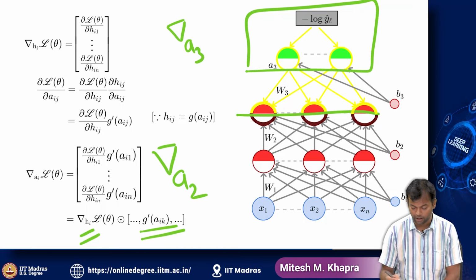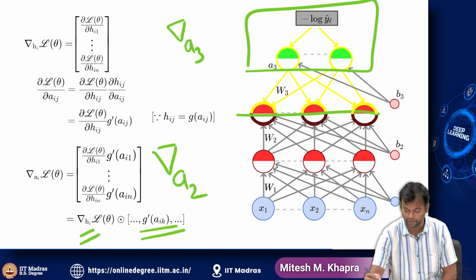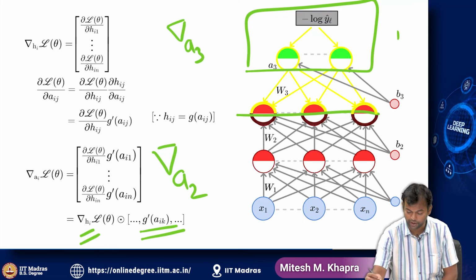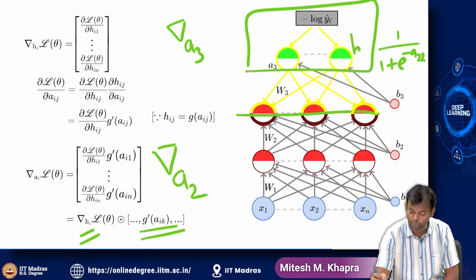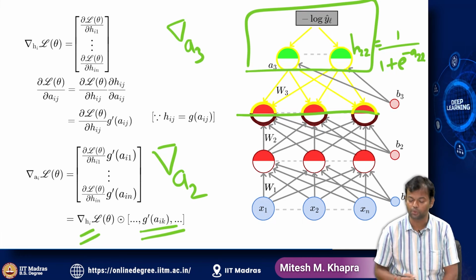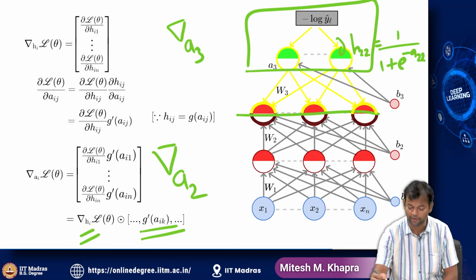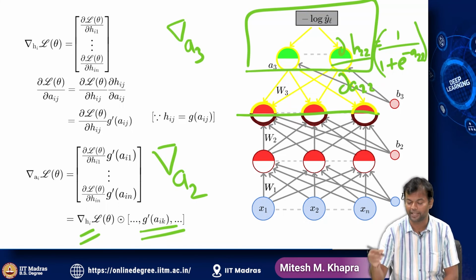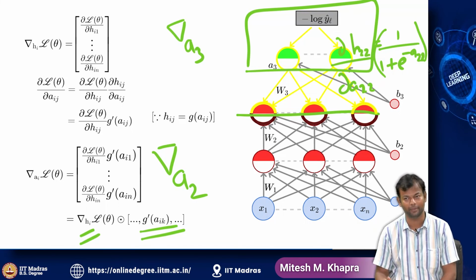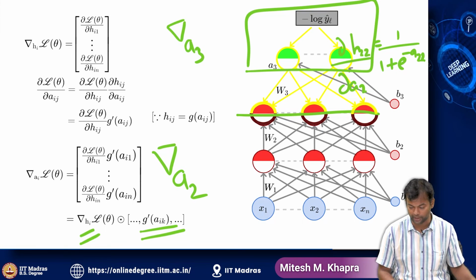Suppose my activation function was the sigmoid function, then H22 is equal to 1 over 1 plus e raised to minus A22, and if I want to compute the derivative of H22 with respect to A22, I can do that, right. I can apply the UV rule and keep going and I will be able to get it, right. So this quantity is easy to compute, okay. So that's why I am not worrying about that.